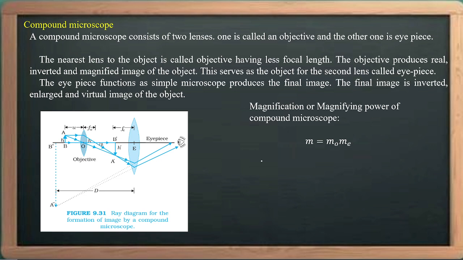The magnification is given by the product of the magnification produced by the objective and the eyepiece. The objective magnification is given by L divided by F0, and the total is L by F0 into 1 plus D by Fe for image formed at finite distance.